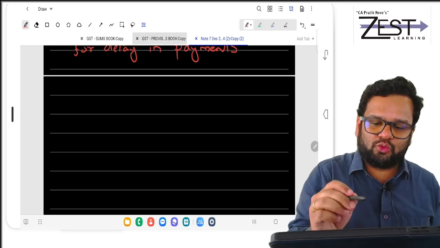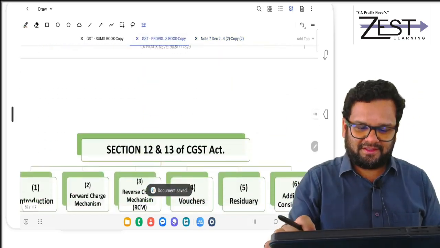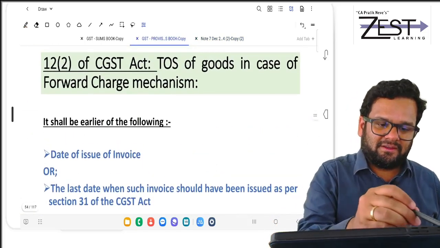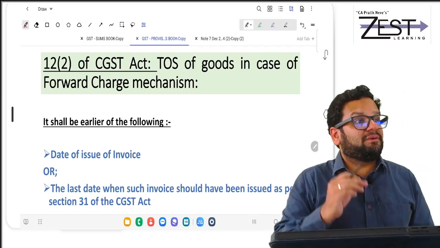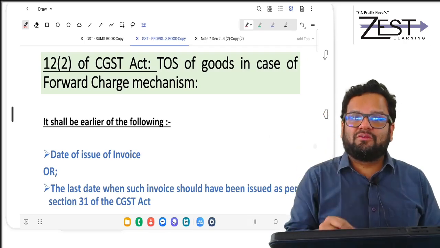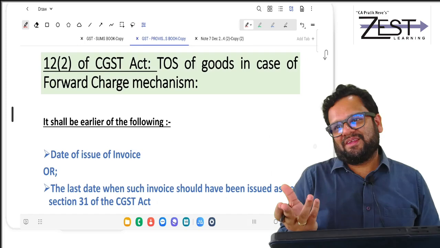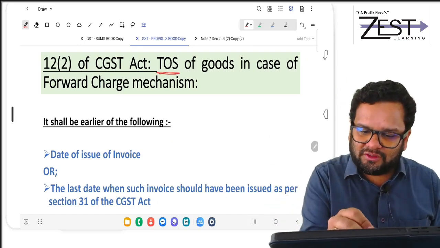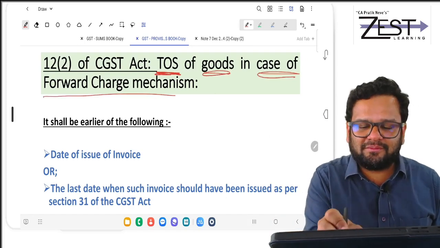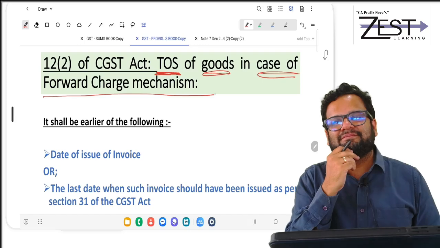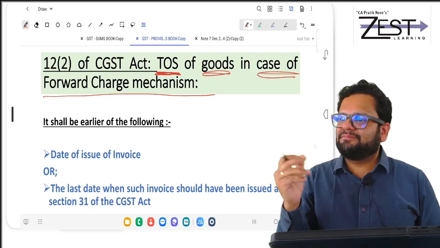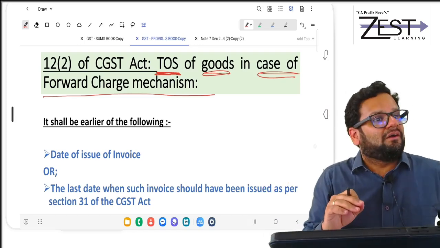What is 12.2? See, frame it yourself. Now, what is 12? Time of supply of goods. What is 2? FCM. So 12.2 is time of supply of goods in case of FCM. Simple.